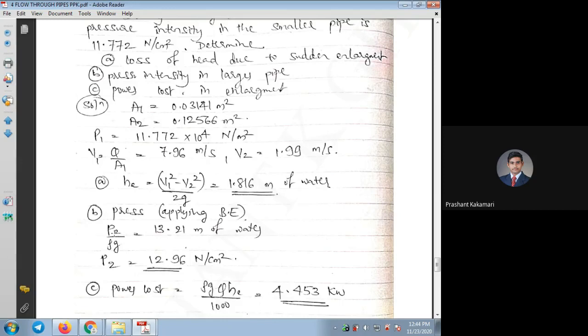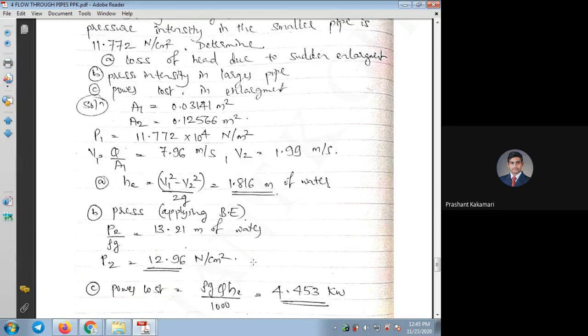So again, power lost or power required to overcome this loss, I'm using again the same equation, specific weight, Q into HL or head loss, or you can write it as rho g Q HE by 1000. So here power lost, what they are asking, it is only for the enlargement, how much power is lost due to this flow.